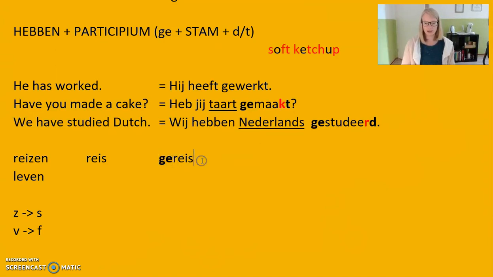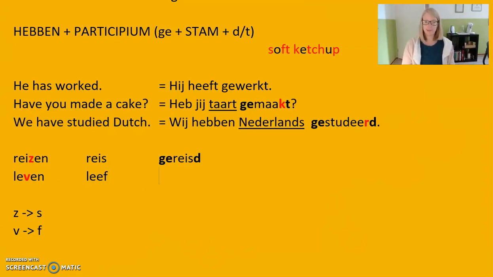So we're going to add reis. And then deciding on the D or T, we actually use the Z and the V. The Z and the V are not in 't soft ketchup, so we do use a D. That's a bit weird, right? Not what you would expect, but okay. So the one we're going to look at is the V in this case. The stam of leven is leef.